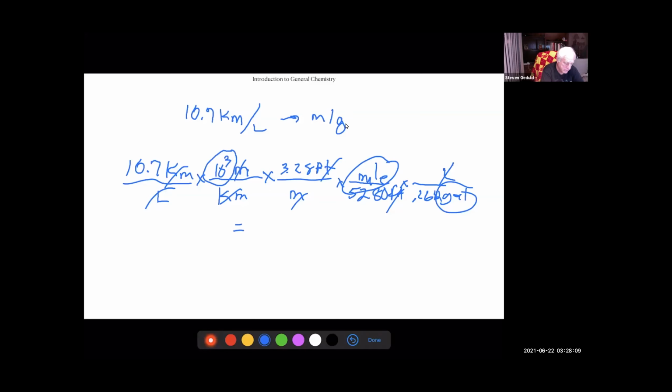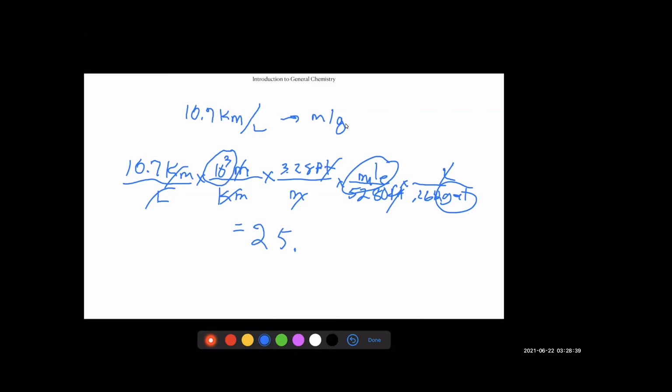So I have 10.7 times 3.28 divided by 5,280 divided by 0.2642 equals that, and then times 10 to the third. I get roughly around 25 point some, if I get the numbers right.